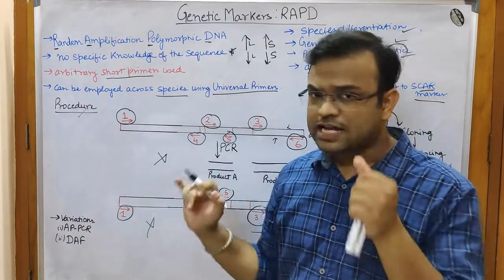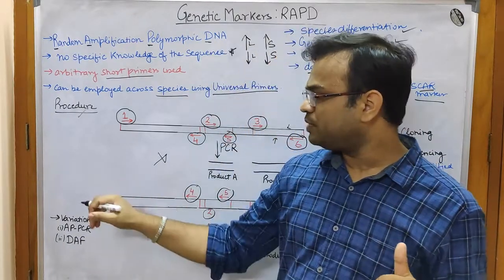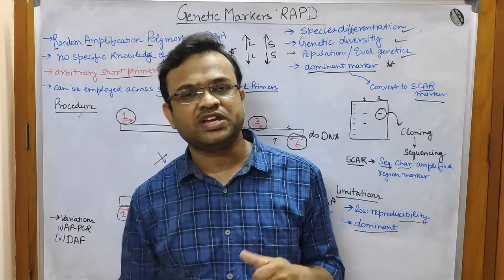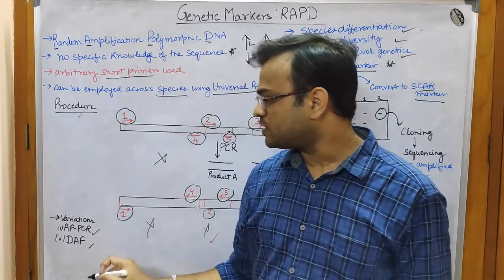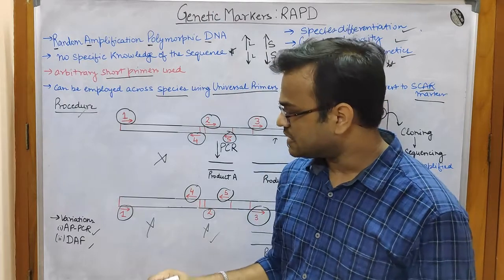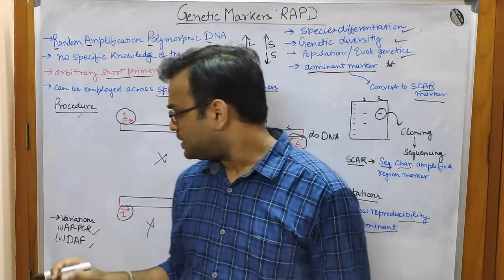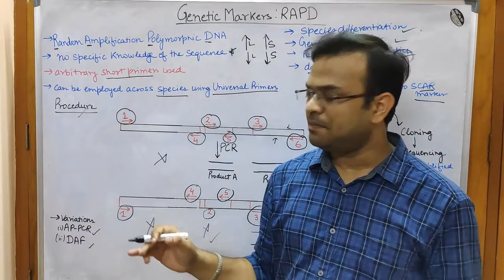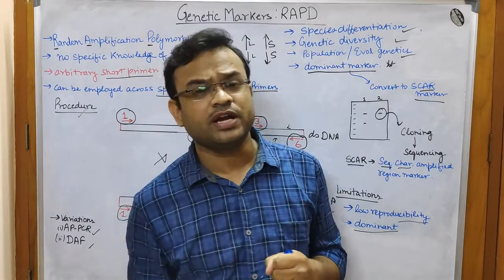Now coming to the last portion of this RAPD technique, I would just like to brief you on the variations of RAPD. There are generally two variations of RAPD. First one is APPCR and second one is DAF. APPCR is arbitrary primed PCR and DAF is DNA amplification fingerprinting.